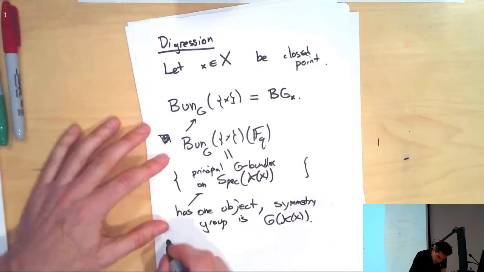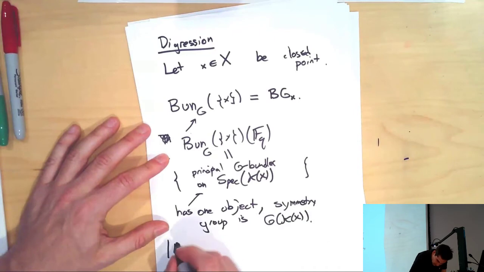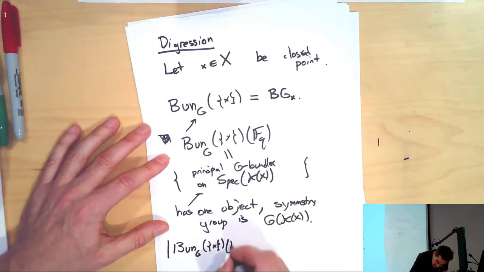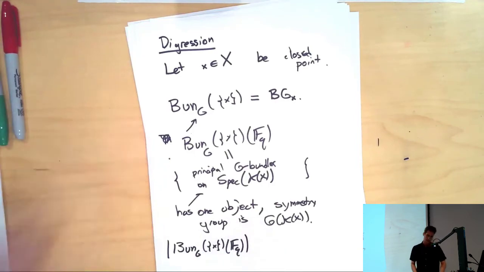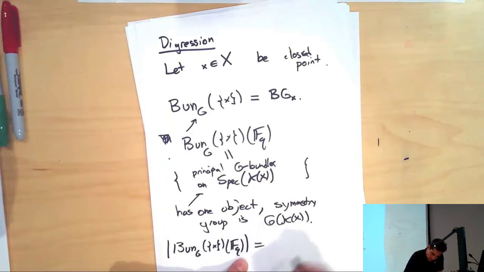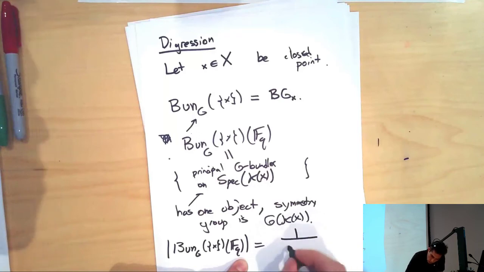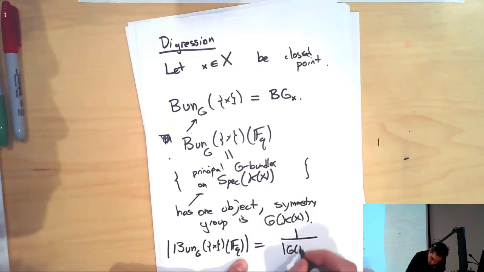So then if I asked, what's the number of principal G-bundles at the point x counted with multiplicity? Well, that would be 1 over the size of this finite group G of kappa x.